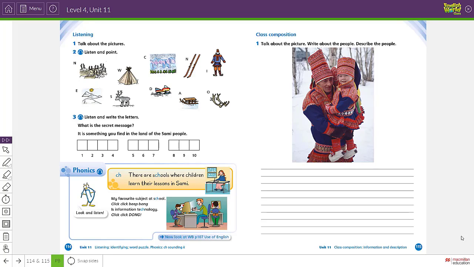I'd like you now to open your books on page 114, 115. Let's remember together what we had last time. Last time, we learned how to write a paragraph in order to describe a picture: how to start the paragraph with the topic sentence, and after that we have the body of the paragraph, and finally we have the conclusion.